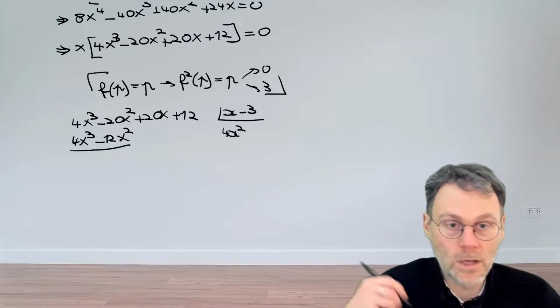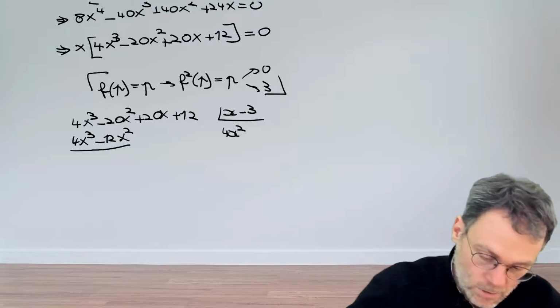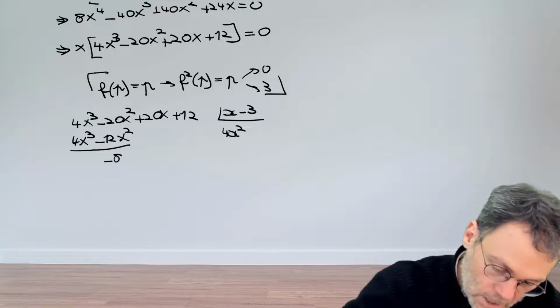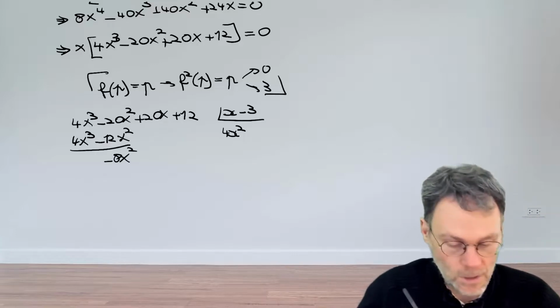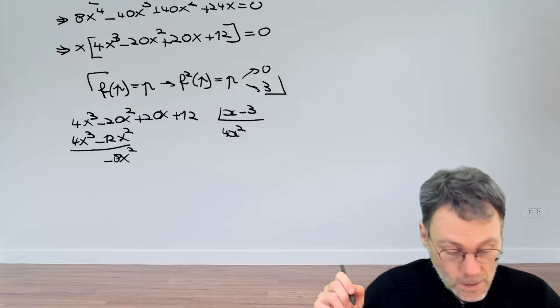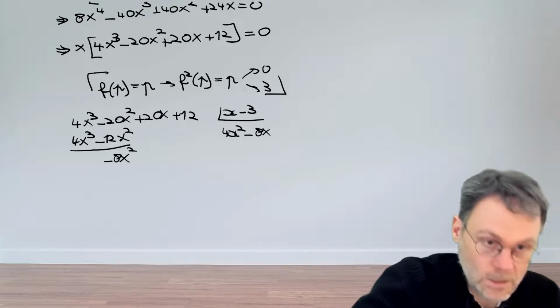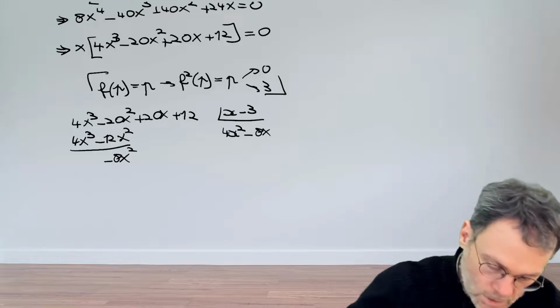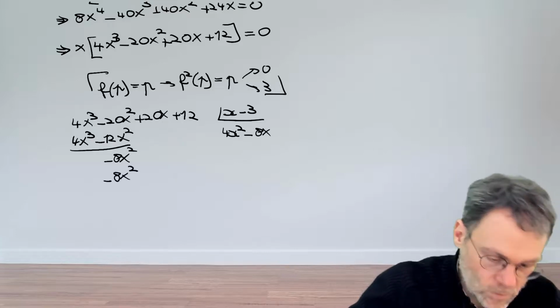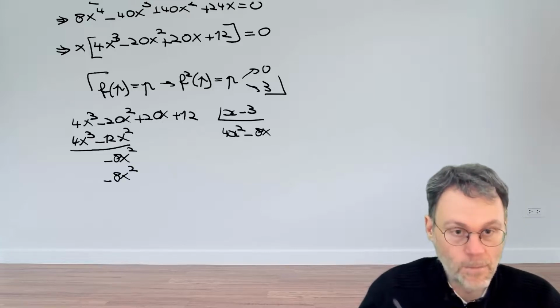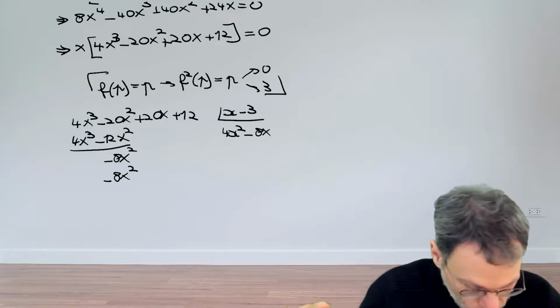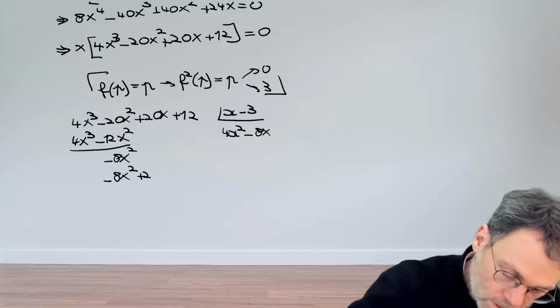If we subtract those, that's going to give us minus 8x squared. Minus 8x squared divided by x gives us minus 8x. Minus 8x times x minus 3 gives minus 8x squared plus 24x.